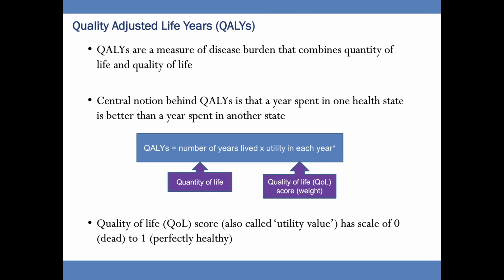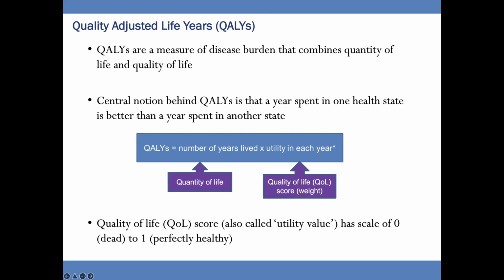Because you can observe how long that person lived. So that's the first component. The second component is utility. Another name for this is quality of life. They are used interchangeably. Quality of life and utility value or utility score mean the same thing.